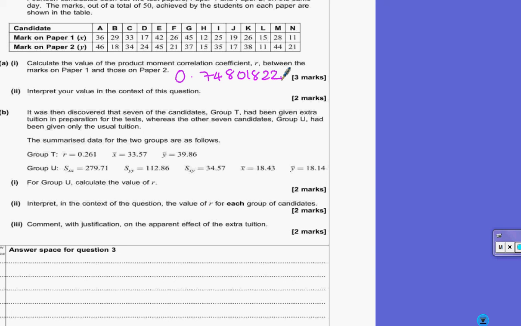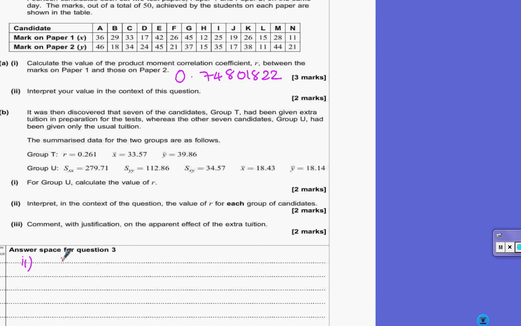It then says interpret this value in context of this question. So there are some templates that you can use for these types of things, but the easiest one for this one is, first of all, like your GCSE, you have to say what type of correlation. So it is a positive correlation, but on top of that you have to say how strong you think it is.